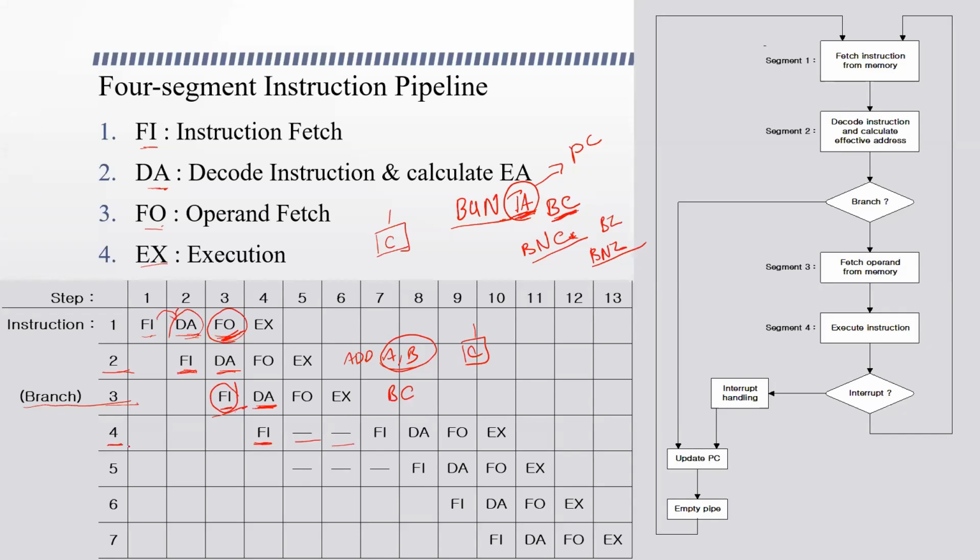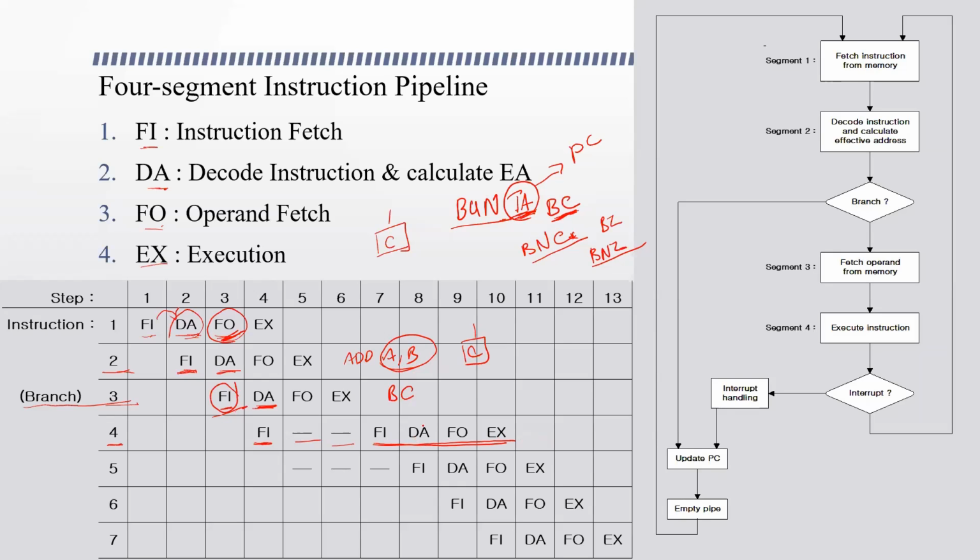The fourth instruction will not be executed here. It is the next instruction that will not be executed. The instruction at the target address needs to be executed. So here the pipe is emptied. We will not execute this, and the branching target address is loaded into PC, so that instruction is loaded. This is the target instruction.